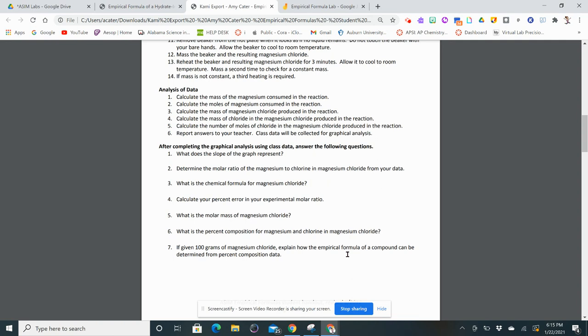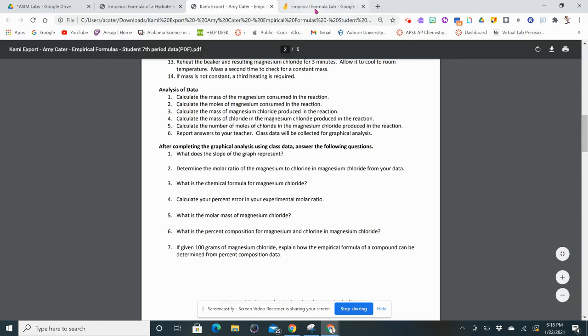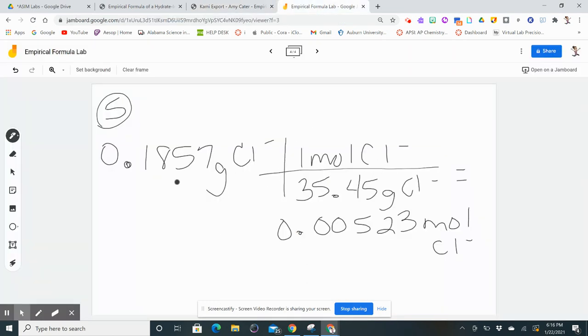Number 2, determine the mole ratio of the magnesium to the chloride in magnesium chloride from your data. Okay, so in number 2, what you're going to do is take the moles that you found here and the moles that you found in number 4, and make a mole ratio out of them. So this is 0.00523.